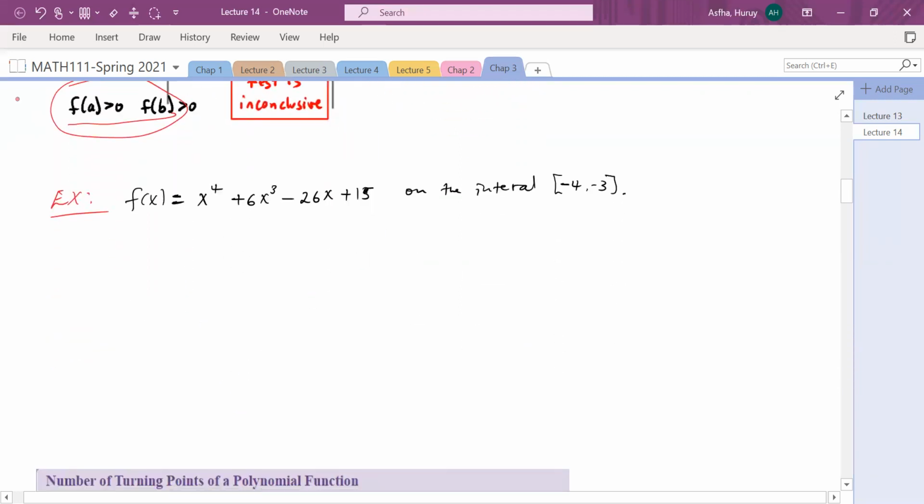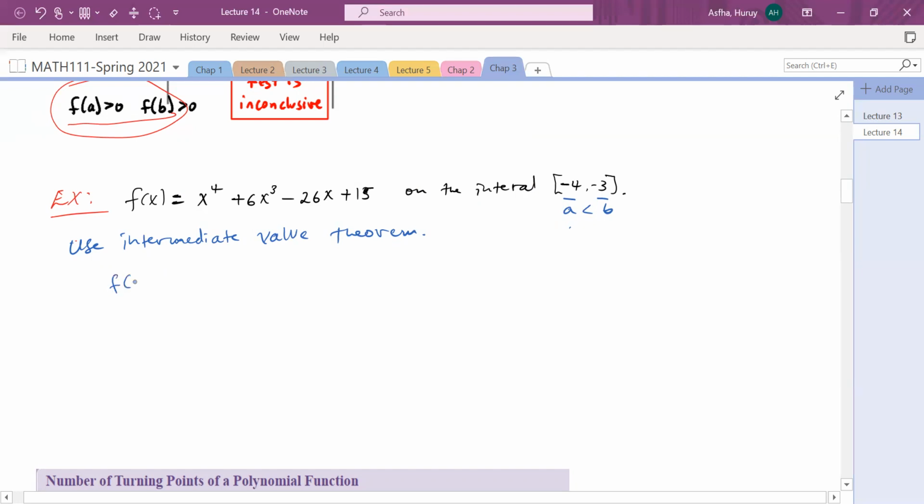Now let's use this example and find if the function f has a zero between -4 and -3. So here we will use the intermediate value theorem. To do this, we have these 2 values, and of course this is our a and this is our b, and obviously a is less than b because they are negative numbers.